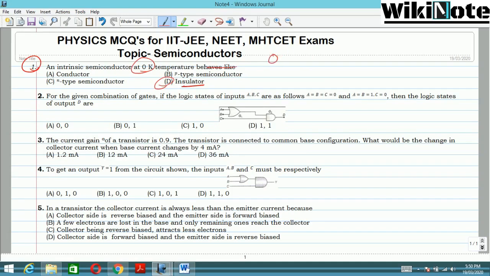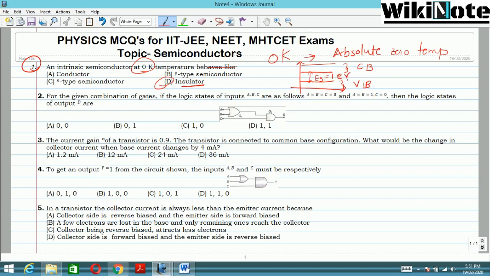0 Kelvin is nothing but the absolute zero temperature. If you look at the energy level diagram based on energy band theory of the semiconductor, this is going to be your conduction band and this is going to be your valence band, and there is an energy gap between valence band and conduction band, and that gap is almost 1 electron volt.